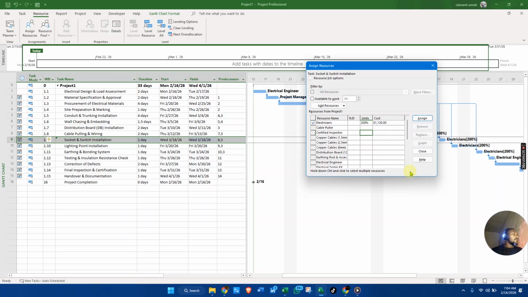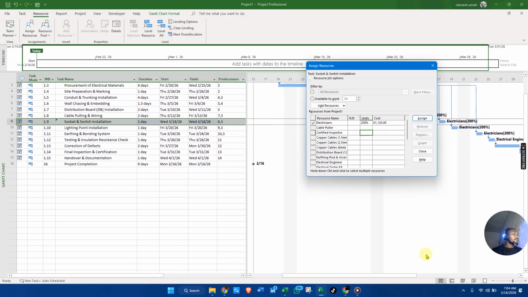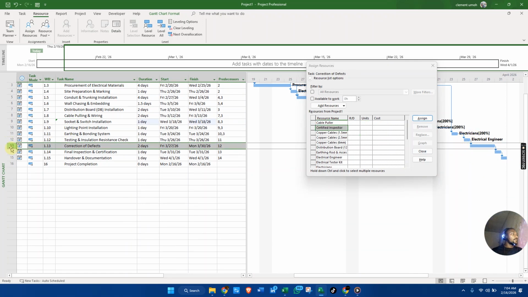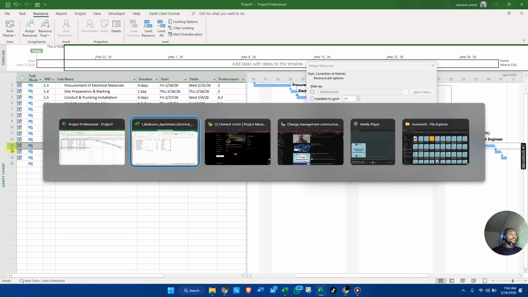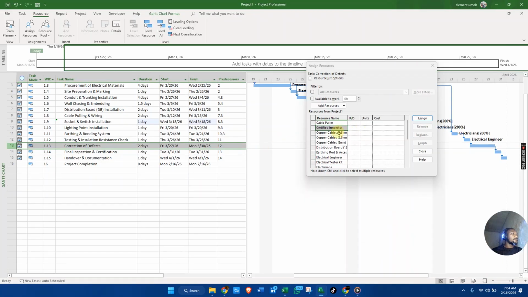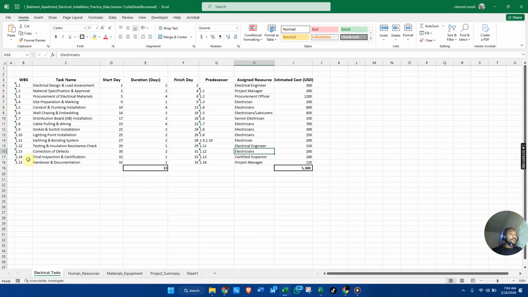Okay, and electrical engineer, electrical engineer. So we have correction of defaults as project manager, electrician. We also have final inspection and certified too.